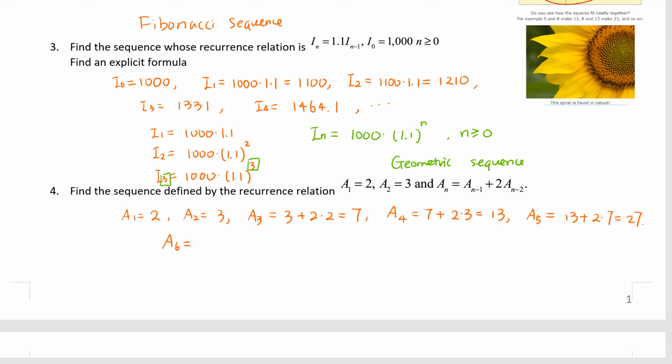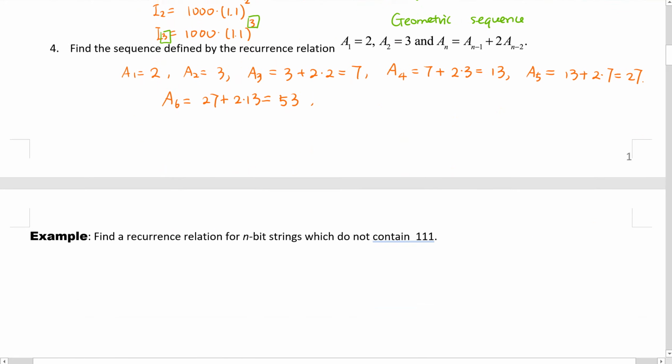So then A_6 is 27 plus 2 times 13. So that's 26 plus 27. What is that? 53. Okay, so let's stop here. But in the exam, I will tell you how many terms you need to find for your sequence. For example, I can ask you to find the first 4 terms of the sequence. Then you know where to stop.